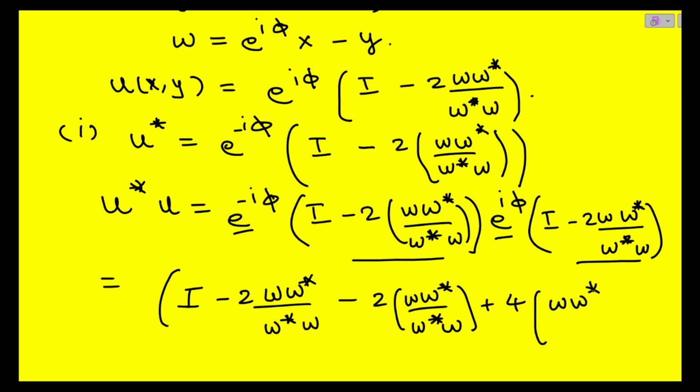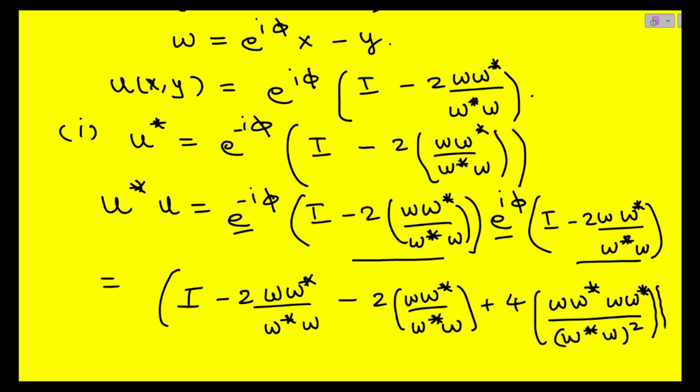w w star, and here's another w w star, divided by w star w. There's one more term, the same thing, it gets squared. It's basically the square in the denominator as well, the omega star omega whole square.